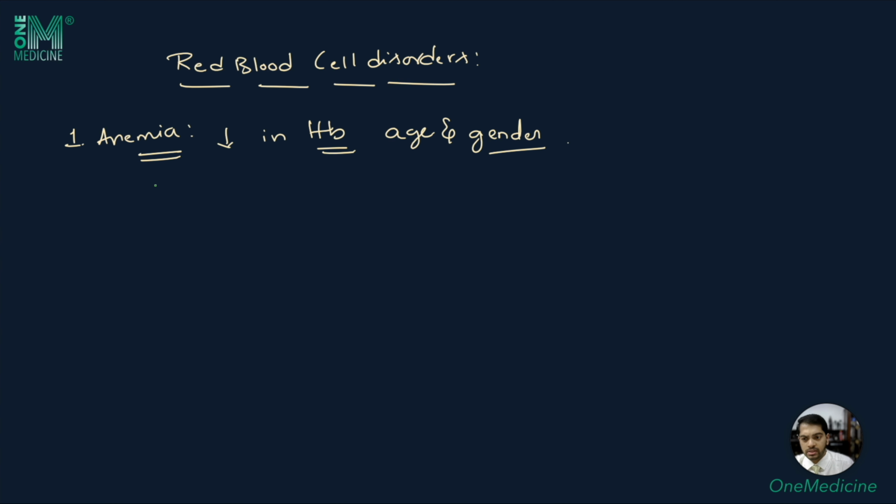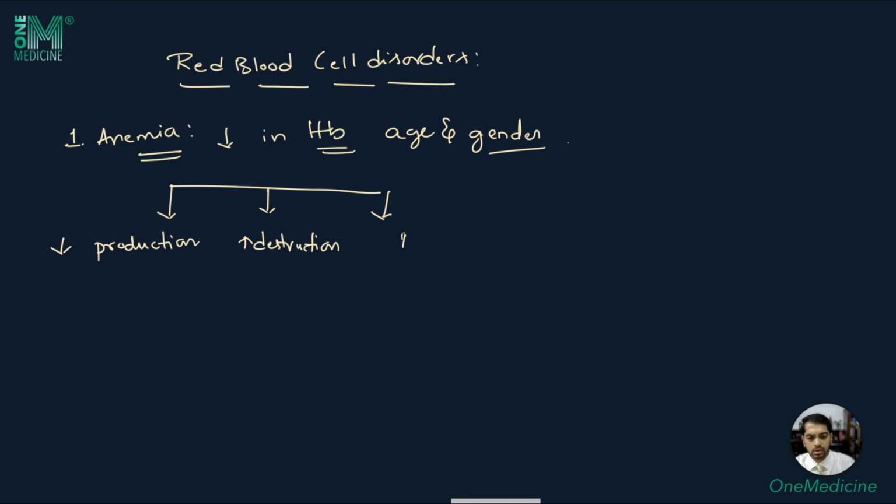So there are various reasons why anemias can happen, but these are broadly classified into three categories. Anemia due to reduced production, and anemia due to increased destruction. Third is anemia due to blood loss. This is further subdivided into acute blood loss and chronic blood loss.